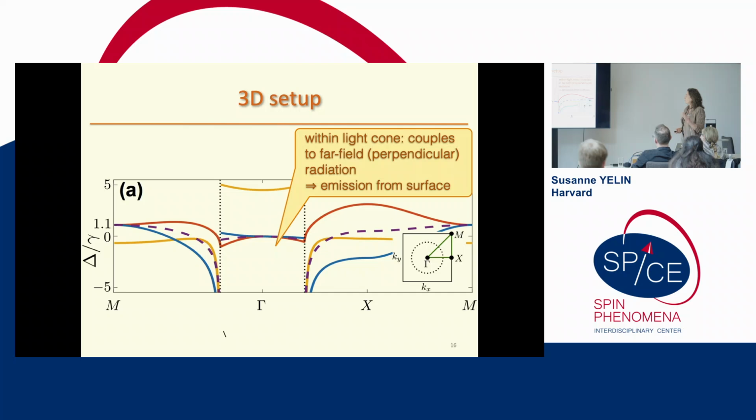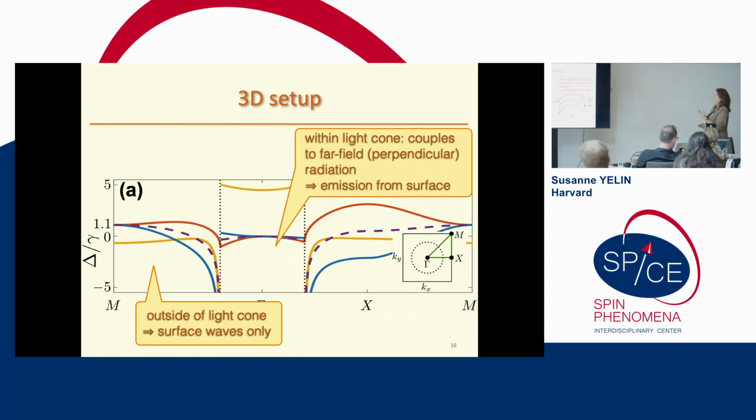And in particular, here we have this in light cone, in which an excitation on the lattice couples to the far field, and so we get emission from the surface, but if we are outside of the light cone, that doesn't happen anymore. So if we get some excitation somewhere in this area of the Brillouin zone outside the light cone, we have a perfect waveguide, just with this kind of array here, because it cannot couple out anymore.